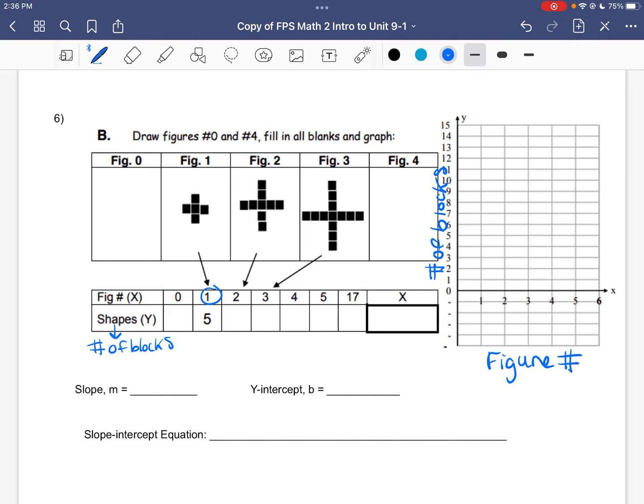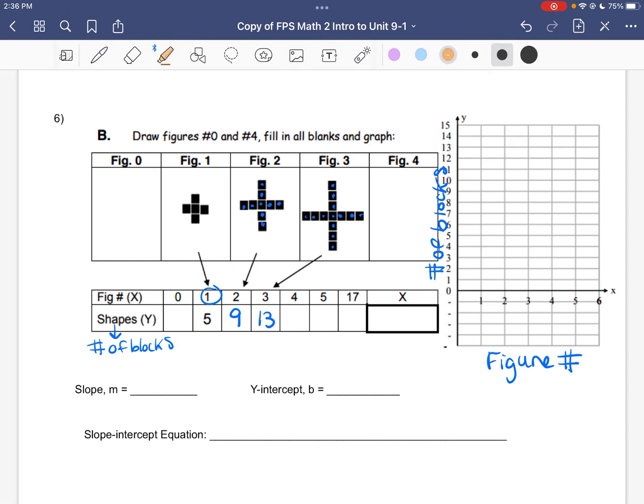Okay, so in figure 2, let's count. 1, 2, 3, 4, 5, 6, 7, 8, 9. In figure 3, 1, 2, 3, 4, 5, 6, 7, 8, 9, 10, 11, 12, 13. Okay, so maybe we can kind of notice a pattern here.